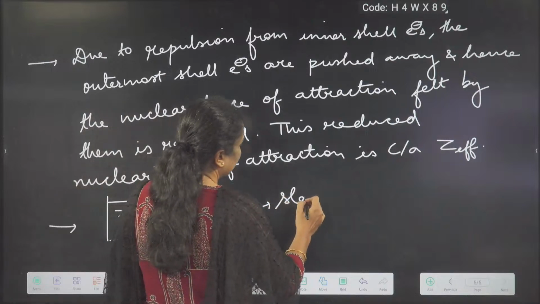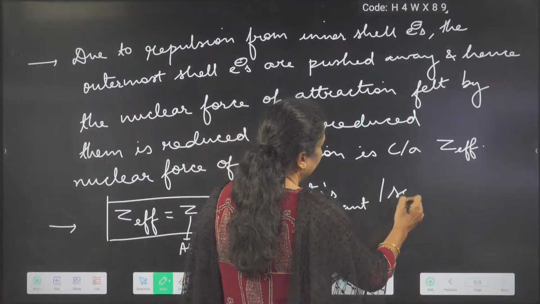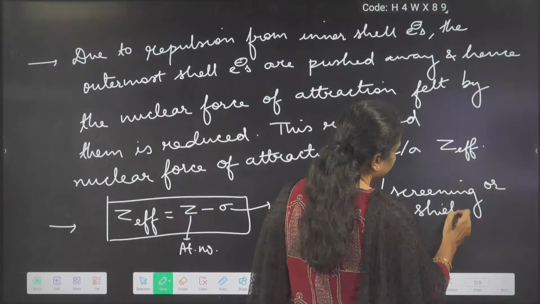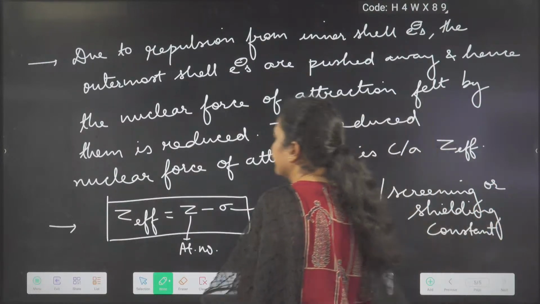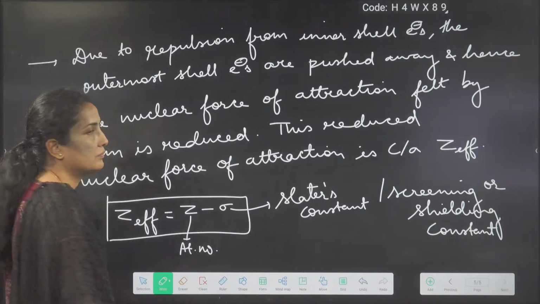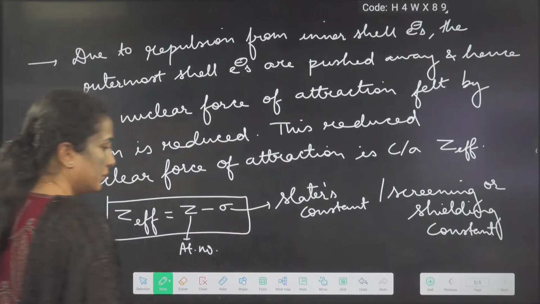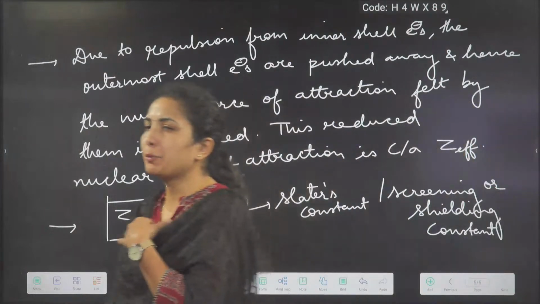Sigma is Slater's constant or screening or shielding constant. Copy this, then we'll proceed further.